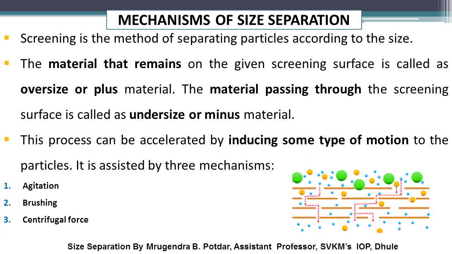This process can be accelerated by inducing some type of motion to the particles. It is assisted by three mechanisms. The actual size separation takes place due to the motion. The three mechanisms are agitation, brushing and centrifugal force.